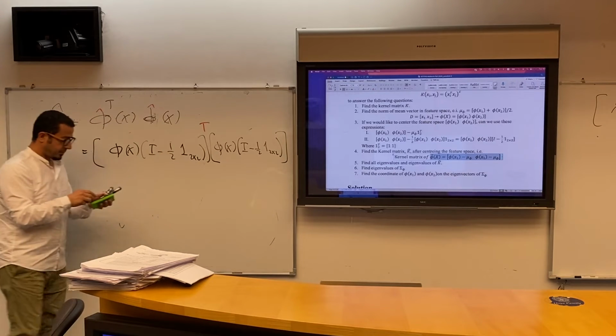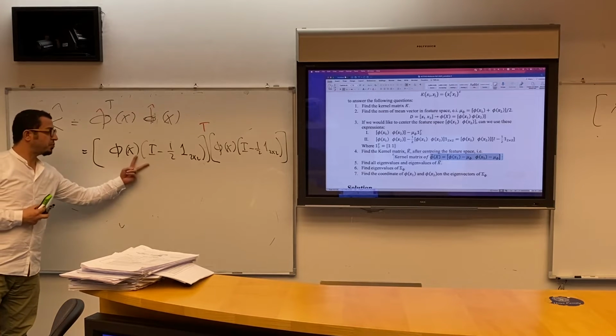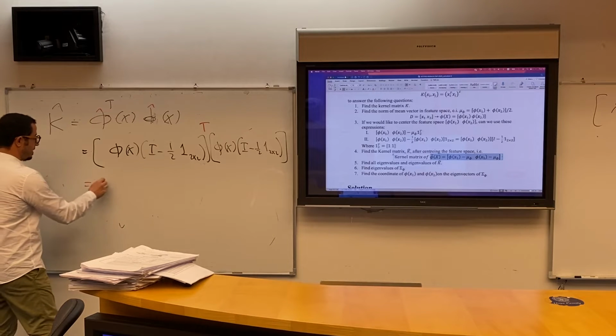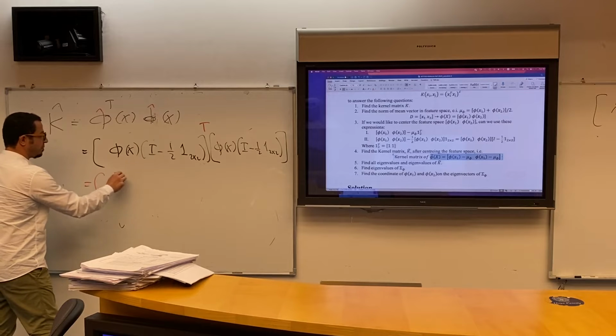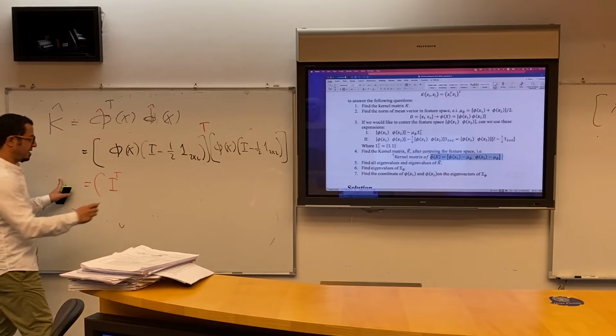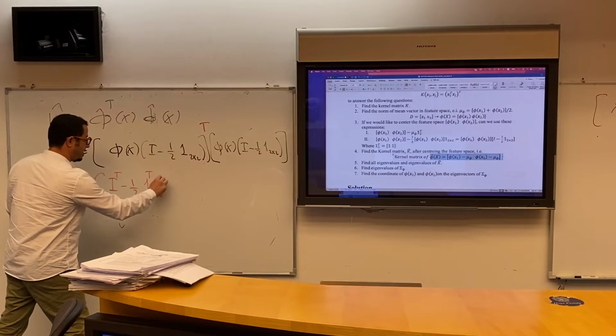Okay. So I did nothing now, I just put the definition. When we do the transpose of a product, we change the order, right? What will be here? It will be I transpose. I is symmetric, so whether you put T or not doesn't matter, right? Minus half, 1, 2 by 2. You put T or not, it doesn't change anything.